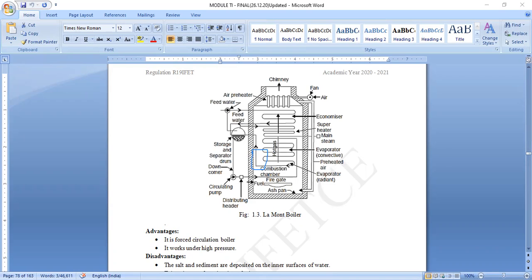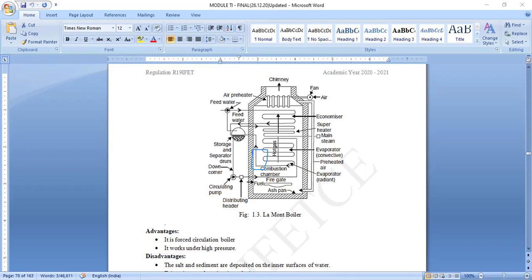Once the steam expands over the turbine, the turbine starts to rotate, and it rotates the generator, which produces electricity. After expanding over the turbine, the steam enters the condenser, where the steam is converted into liquid.